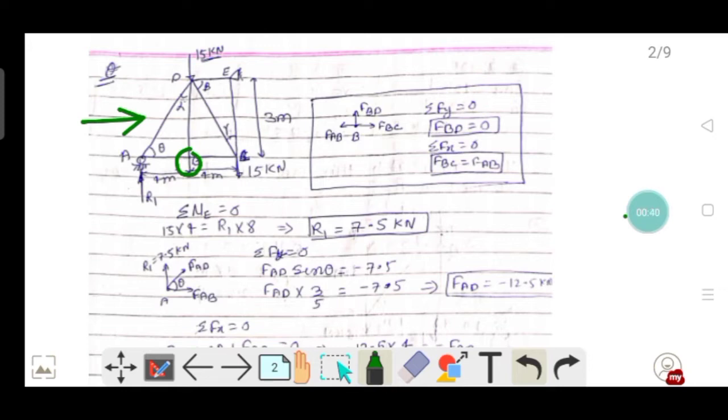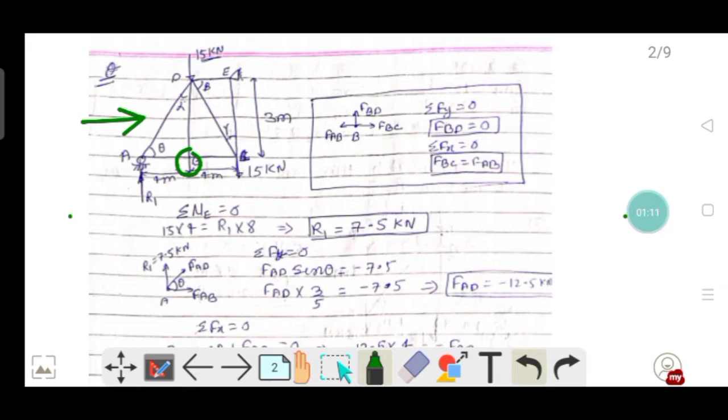So the actual question is question number 3, but to solve it you have to find the member forces due to external load and the member forces due to unit load. So let's start with question number 1. First we calculate the member forces due to external loading only, then we calculate the member force due to unit load.